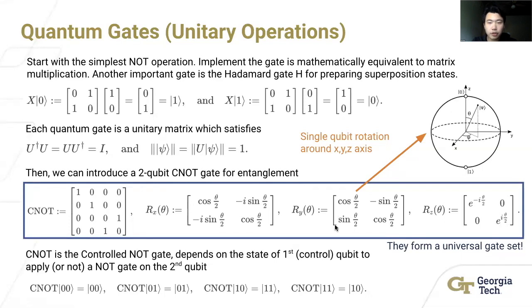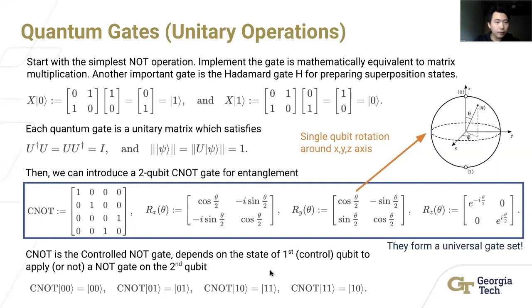So these operations are X, Y, Z. Correspondingly, you're doing a theta, actually 2 theta angle rotation around the X, Y, Z axis. And if you have these 3 single qubit rotations plus the CNOT gate, they're a universal gate set, which means you can form an n-qubit arbitrary unitary operation by using these as building blocks.